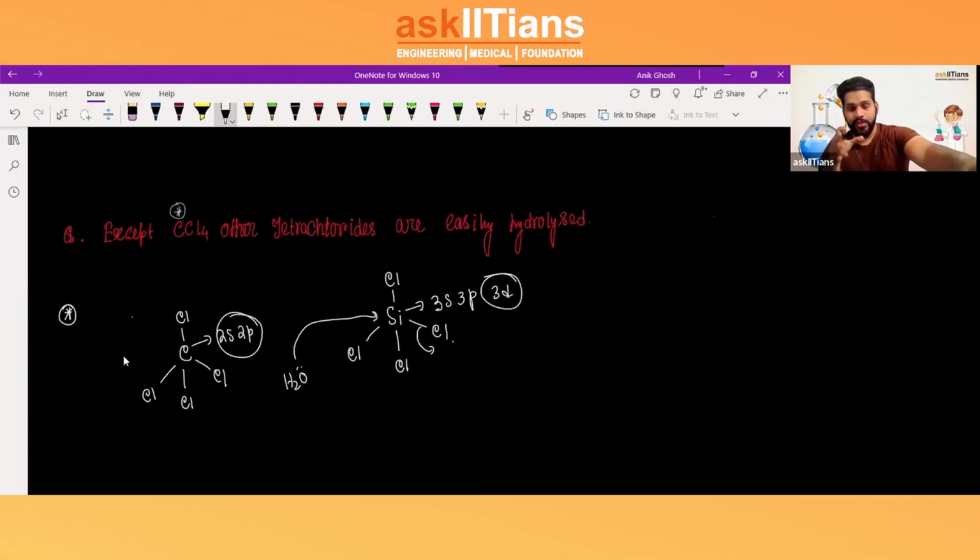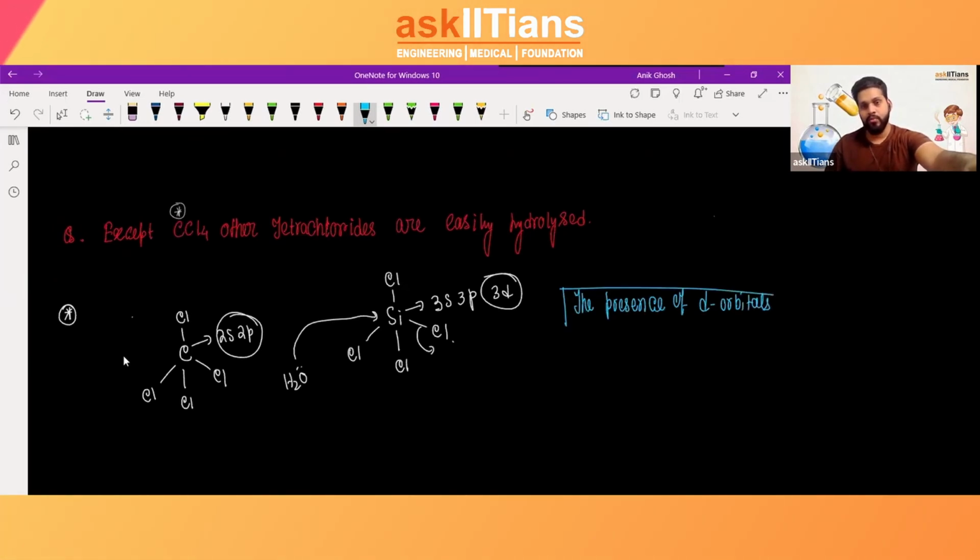So that's why, guys, because of the presence of d orbitals, we can come to the conclusion that SiCl4 can undergo hydrolysis, but CCl4 cannot undergo hydrolysis. So the moral of the story is the presence of the d orbitals. That is the moral of the story right now.